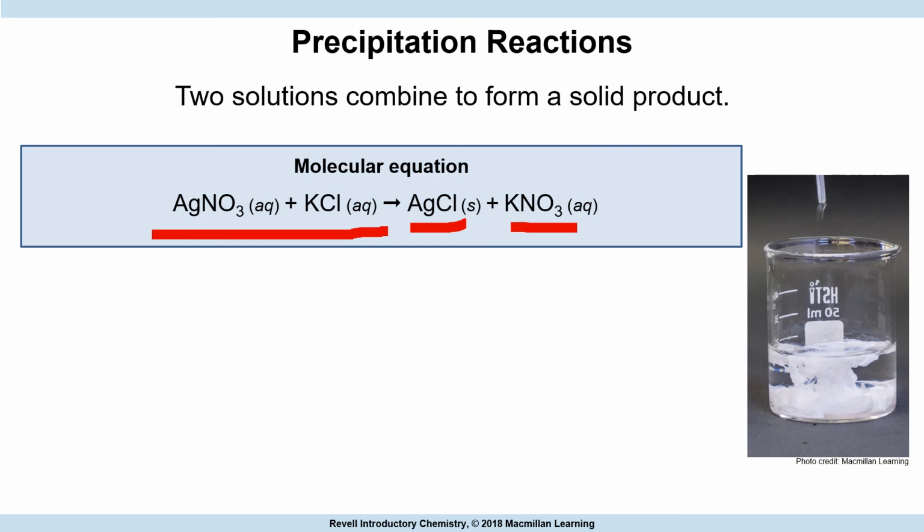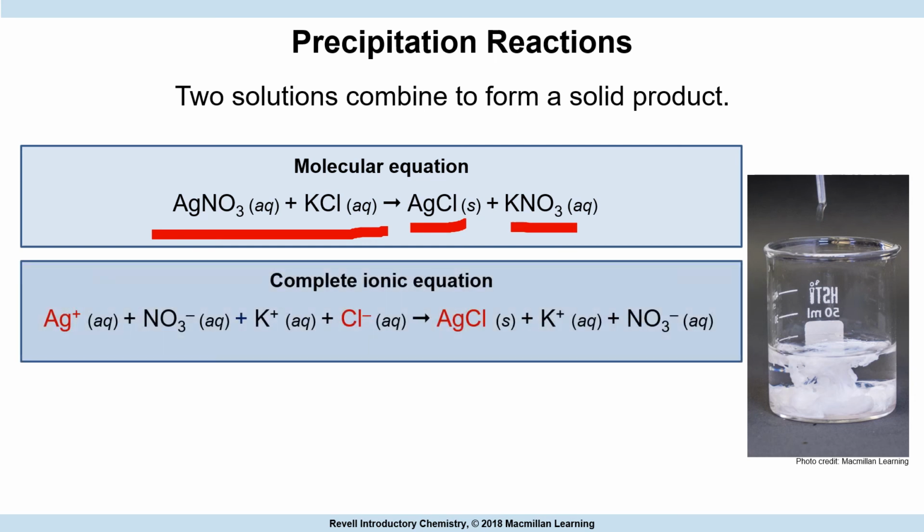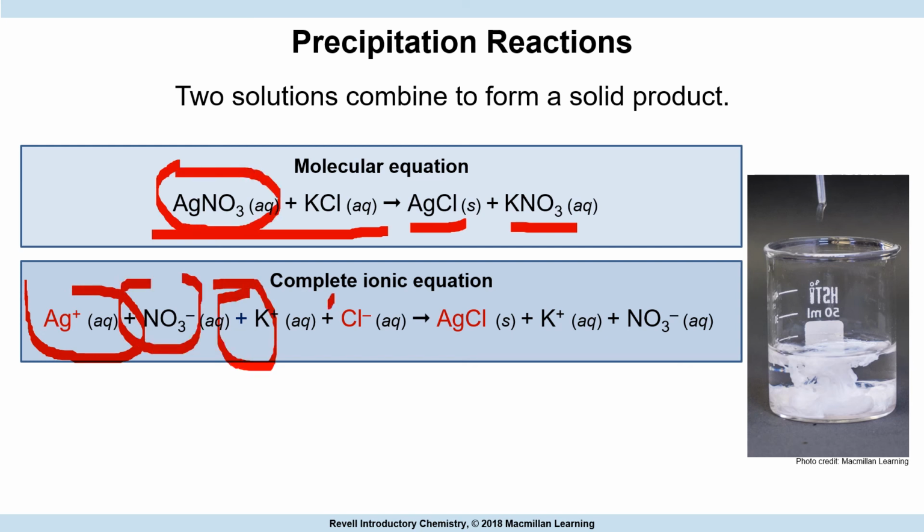Now, if we want to write out the complete ionic equation, we do this, because we know that aqueous means we have these ions floating around, not really floating around in this form, but as ions. So you should be able to see that now we know that the solid is formed, so that we do write as a compound.